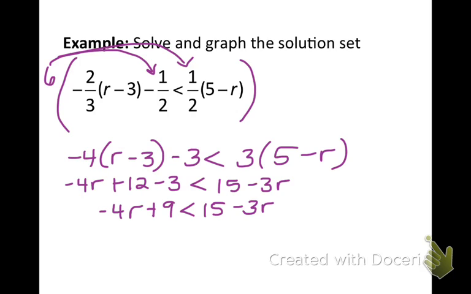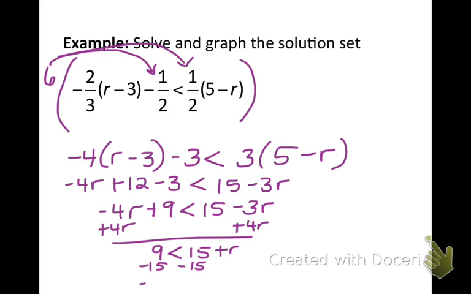That's what I would do, because I don't like negatives, especially with inequalities. So 9 less than 15 plus r, almost there. Subtract your 15 from 9, which gives you -6 is less than r. I like to rewrite it, my r on the left. Should be r is greater than -6.